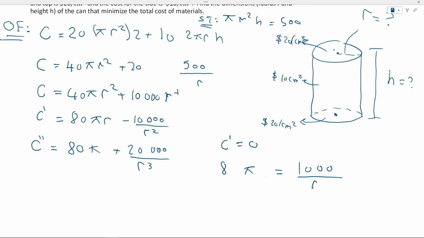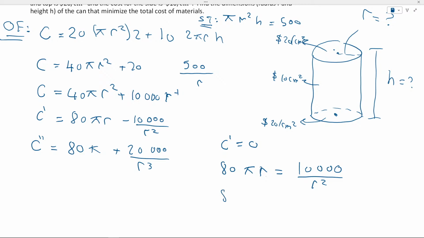Sorry, it's the other way now. Try not to make this careless mistake. This guy is multiplied by this guy, because they are on opposite sides.